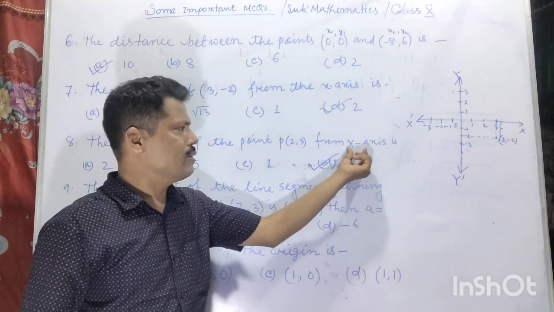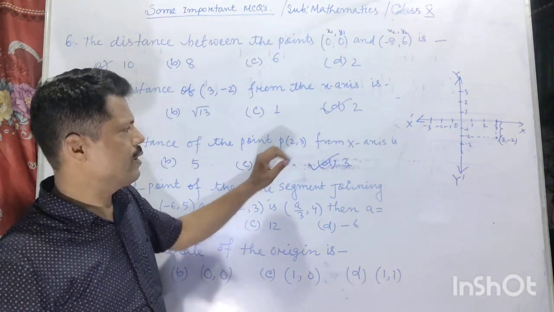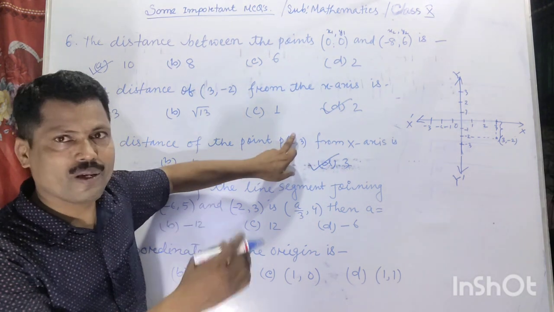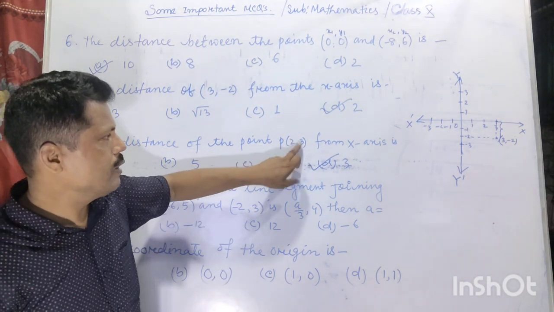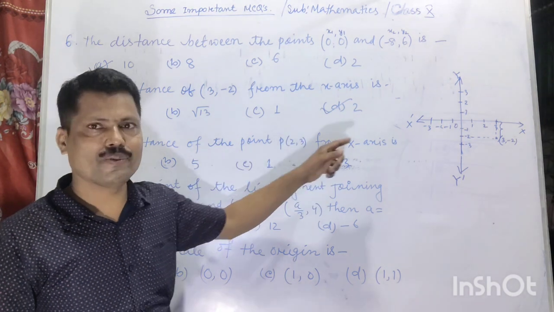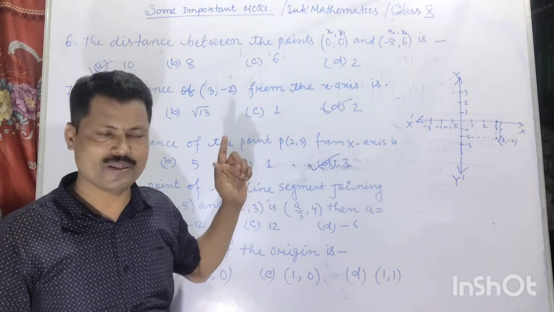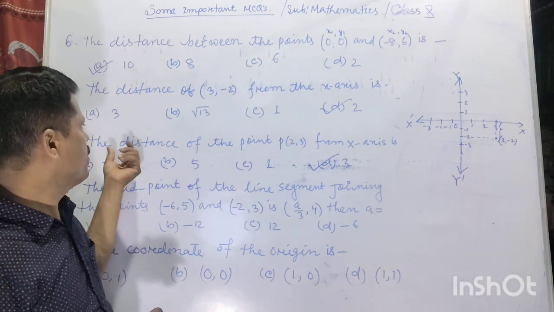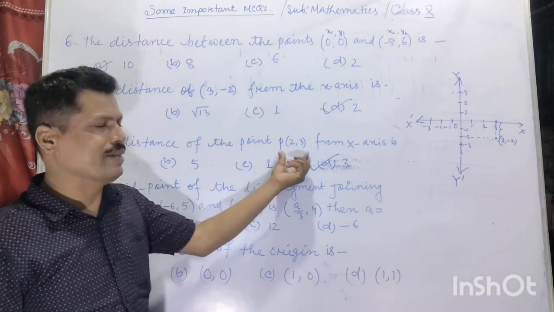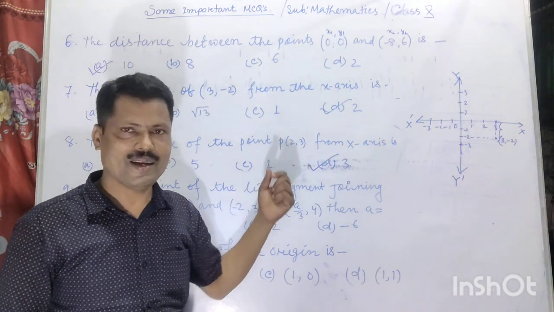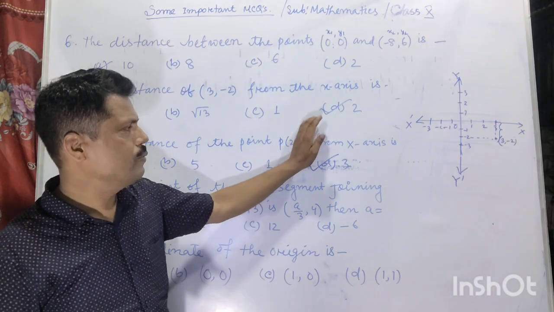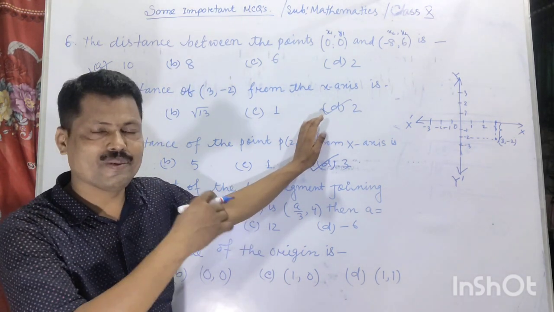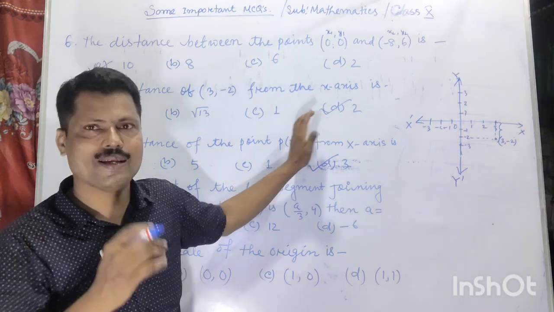So the shortcut is: for the distance from the x-axis of a point, hide the x coordinate for the moment, then the y coordinate is the distance from the x-axis. If asked for the distance of the point from the y-axis, we hide the y coordinate for a moment, then the x coordinate is the distance from the y-axis.